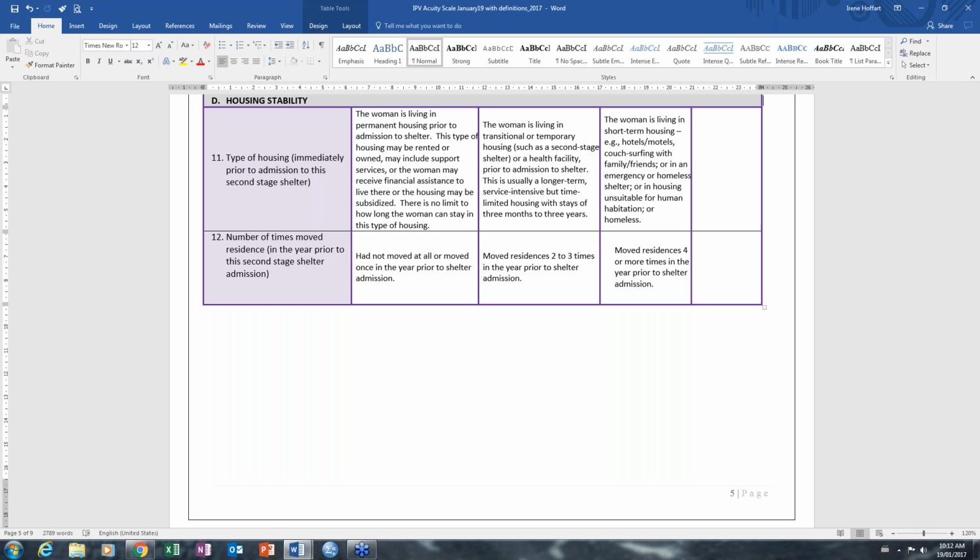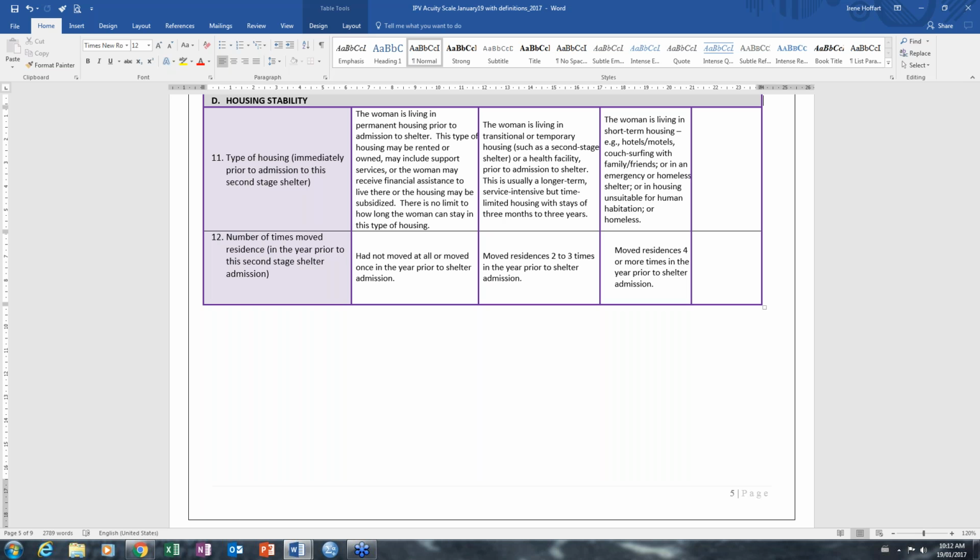And then she lived with her parents between March of 2016 and January of 2017, at which point she came into the second stage shelter. So what that means is she actually moved physically once in that 1 year. Okay, I hope that's clear. If not, please write your questions.